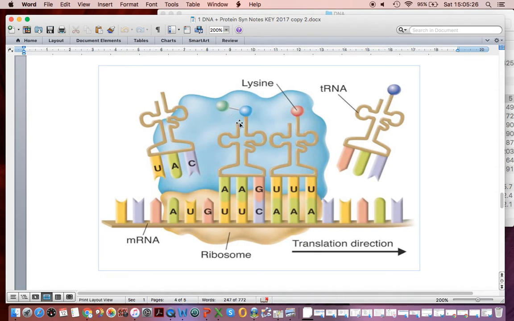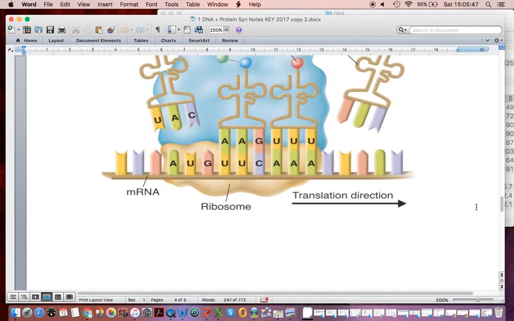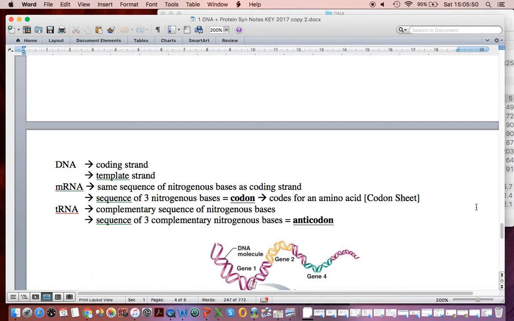We had an amino acid here, and another amino acid has just been brought in. You can see this transfer RNA is leaving, leaving behind its amino acid. And so we're assembling like so. This amino acid is going to add there, then this amino acid is going to join there. So we get a very precise sequence of amino acids being added together.